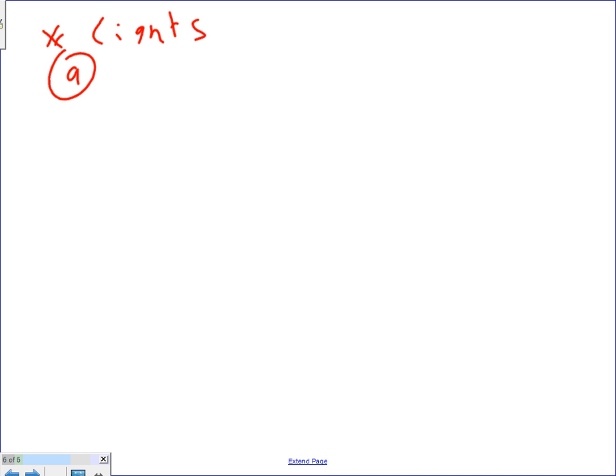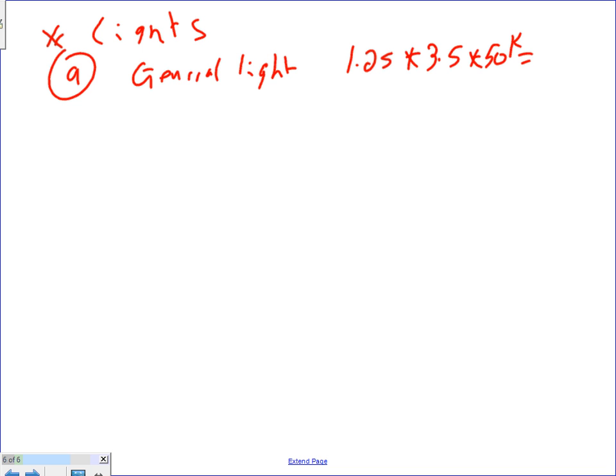First one is general lighting. Since I don't know the fixtures, the code allows you to take 1.25 and multiply it by 3.5 and by 50, for 50,000 square feet. The square footage of the building multiplied by 3.5 from the table, times 1.25 because it's continuous, should give you 219 kVA.